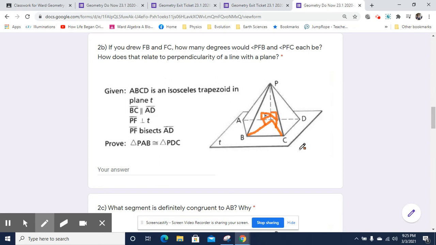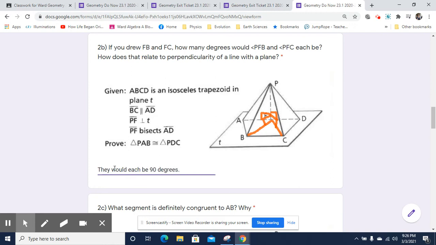Those are right angles too. So any line that goes through F that is on the plane is going to be perpendicular to PF, so we got all those right angles. Okay, so let's capture that. They would each be 90 degrees.